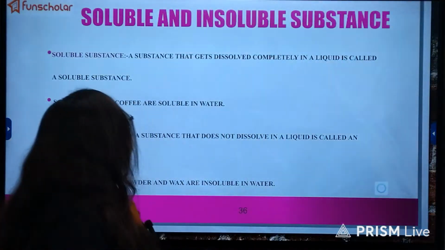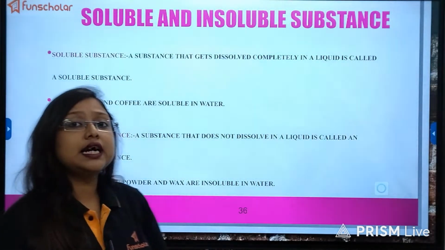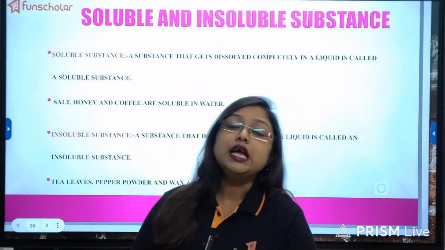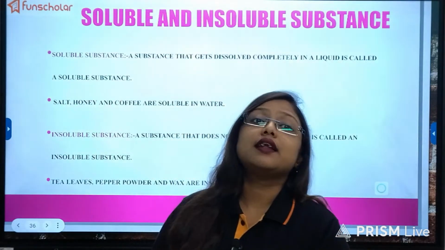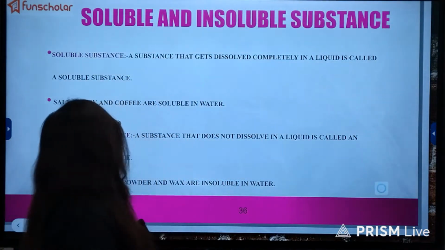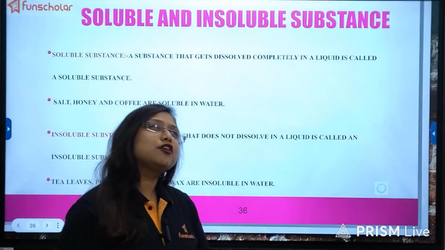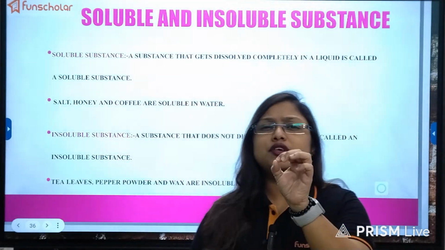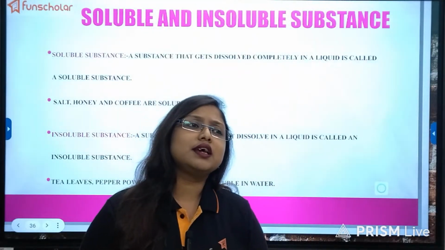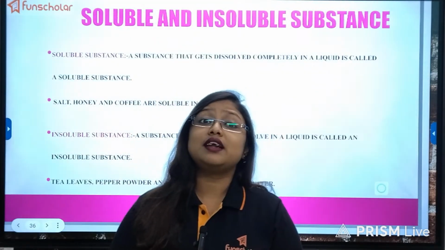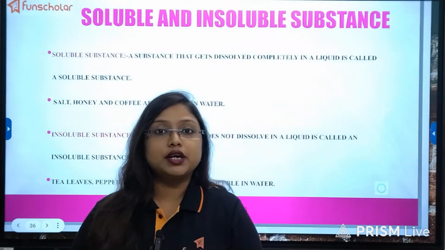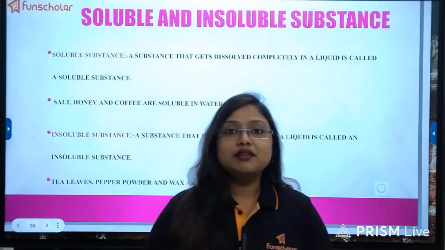But in the case of coffee, we can see the color and from that we can tell there is another substance, like in black coffee. In the case of honey, there is a yellowish tinge in the solution, so we can say there is another substance in the water. But in the case of salt, we can't say that.